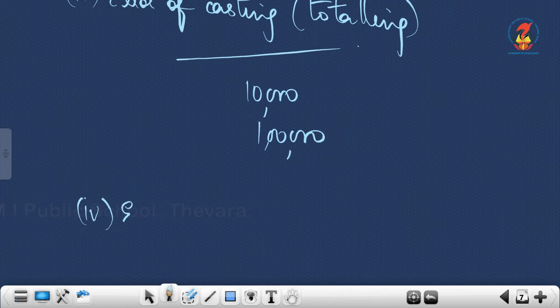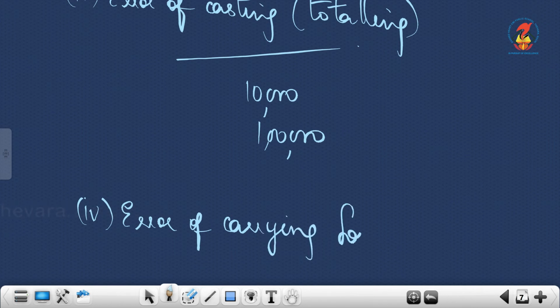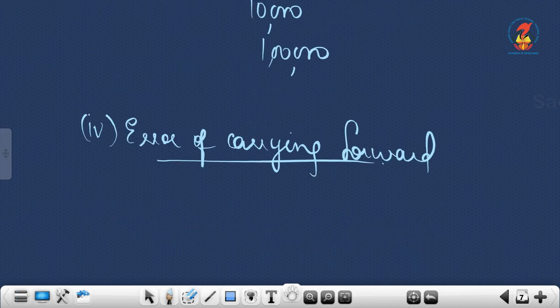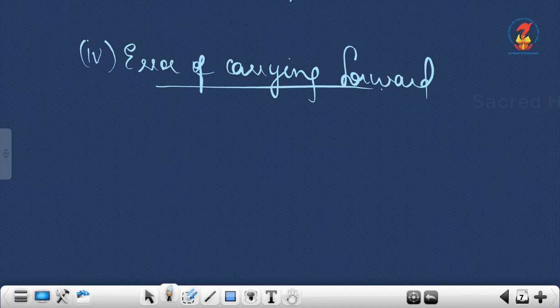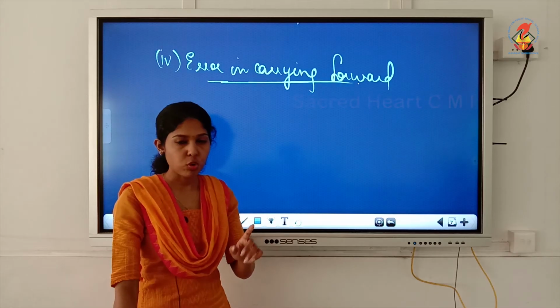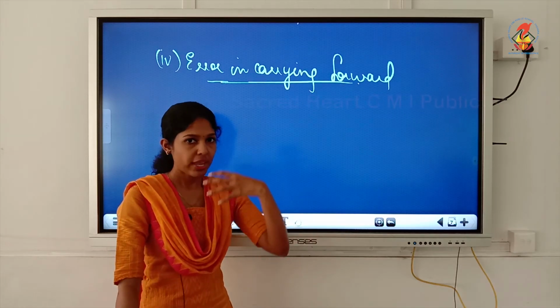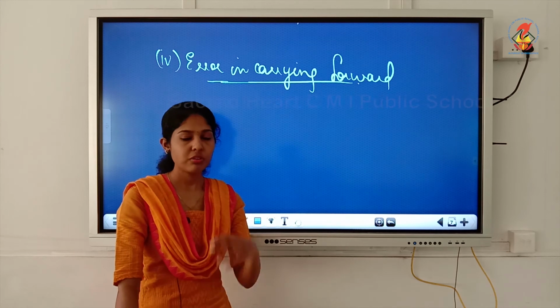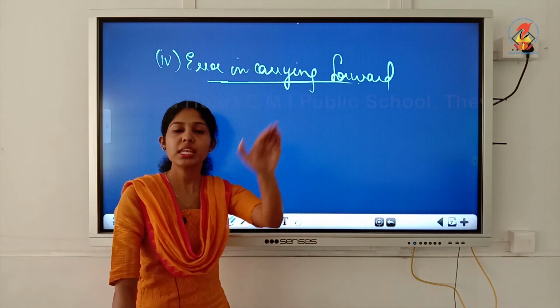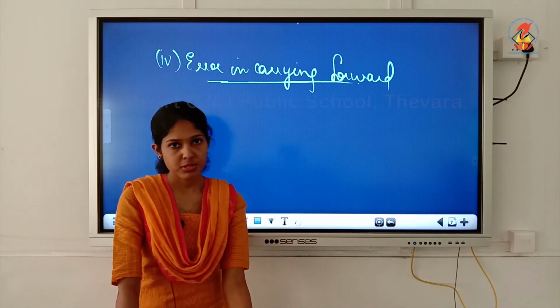Then, the fourth error under error of commission, that is error of carrying forward, or error in carrying forward. Carry forward means when you take one amount from one page to the next page, you make a mistake.